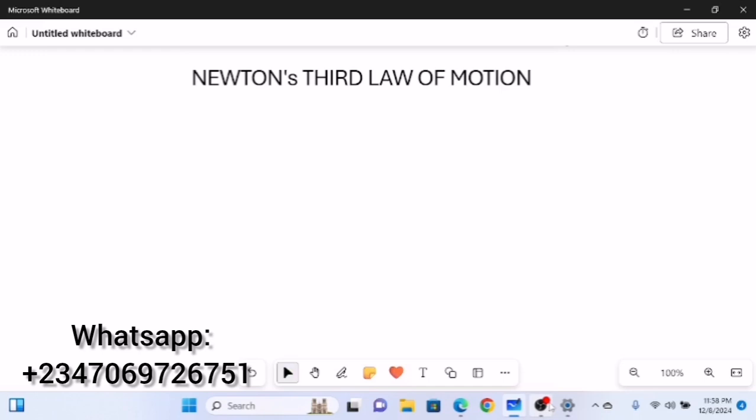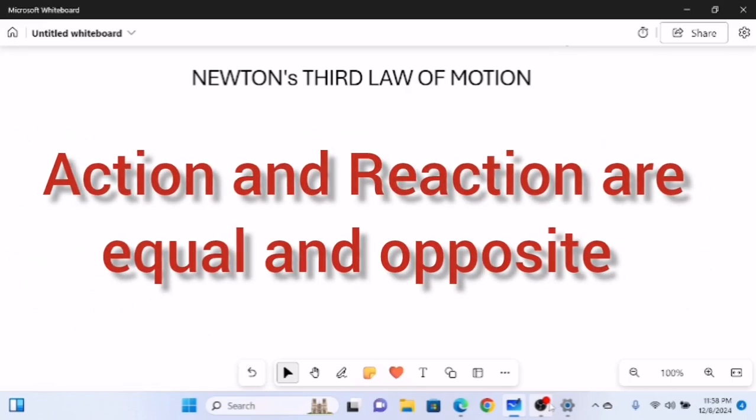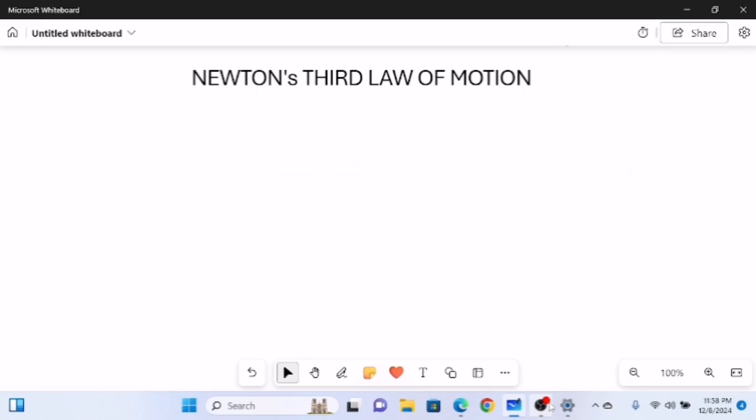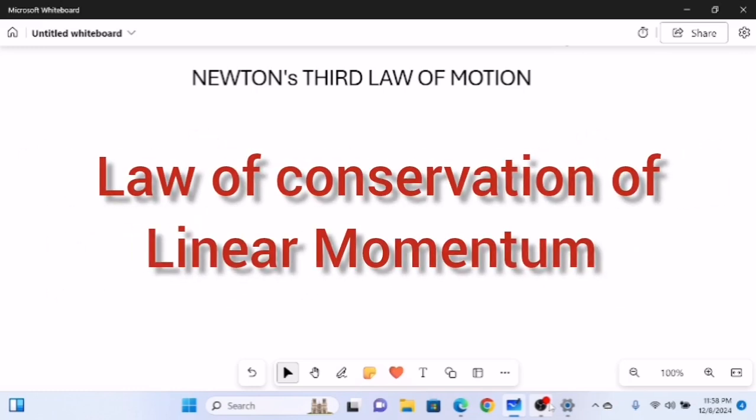Now let's take a look at Newton's third law of motion as it concerns momentum. The third law of motion simply states that action and reaction are equal and opposite. Now this law brings about the law of conservation of linear momentum.